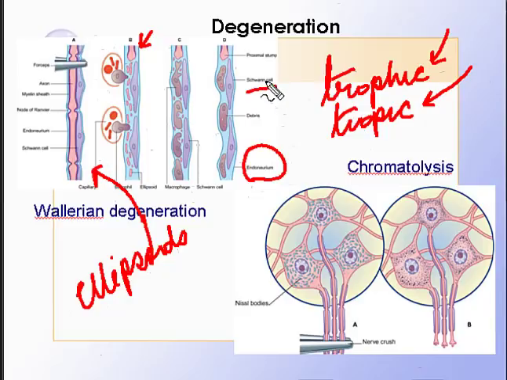Now that's what happens to the axon. Now what happens to the cell body? It undergoes a process which is known as chromatolysis. Chromatolysis basically means that the cell becomes pale, and the reason is that once the axon is damaged, the nerve cell body swells up, and the Nissl granules get distributed throughout. As you can see here, these Nissl granules get distributed throughout the cell, and they go to the periphery, as does the nucleus.